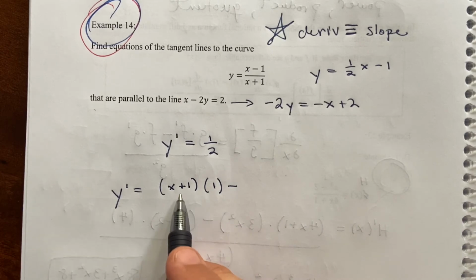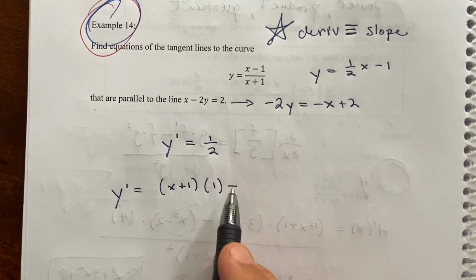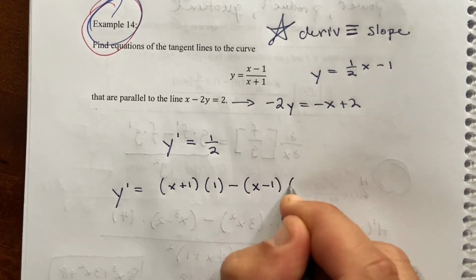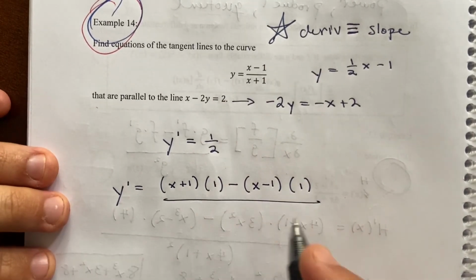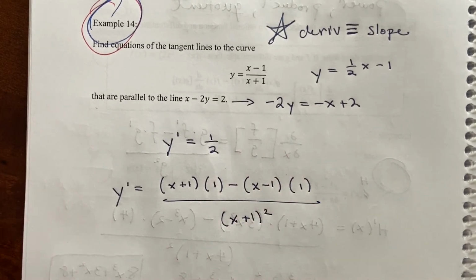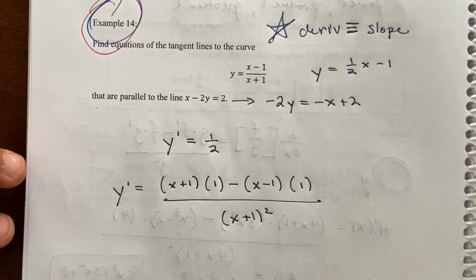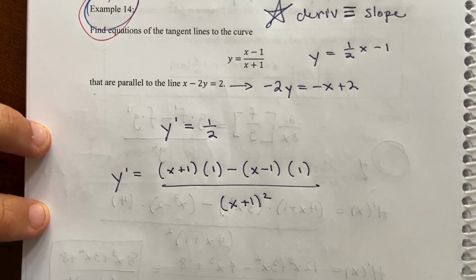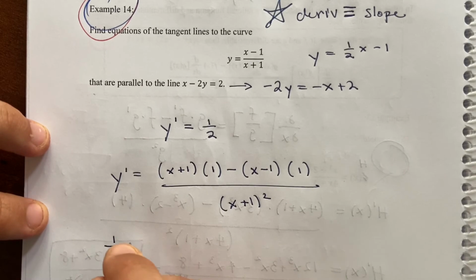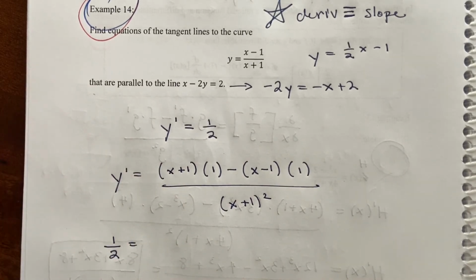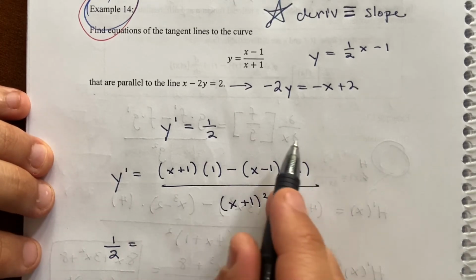So here's low d high minus high d low. Square the bottom and away you go. So this is its derivative using the quotient rule. But now, as I said, we want to force or search for when that derivative is parallel, meaning the same, to the slope of the given line. So I'll simplify this a bit.